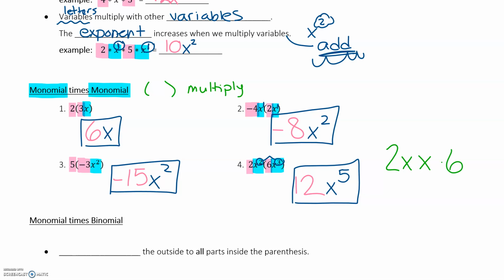If I have a 6 and then x cubed, that means I have 3 x's. Well, we can see the 12 from the 2 and the 6, but then if we take how many x's we have, we'll count them up. We have 1, 2, 3, 4, we have 5 of them, which is why we end up getting the x to the 5th. Okay, so instead of writing it all out like that, we can just add those exponents together.